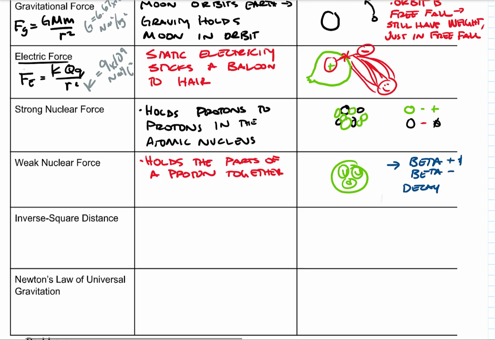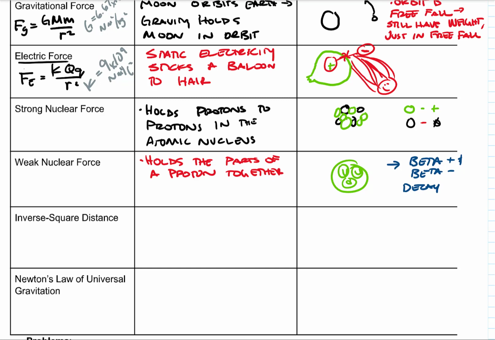Inverse squared distance. This is both the electric force and the gravitational force, but it's that 1 over r squared thing.